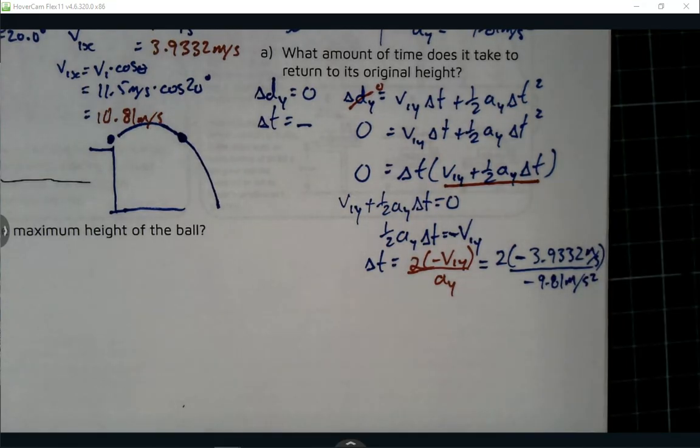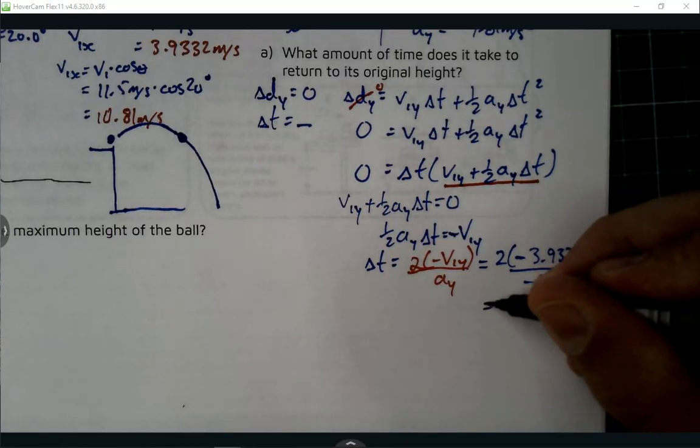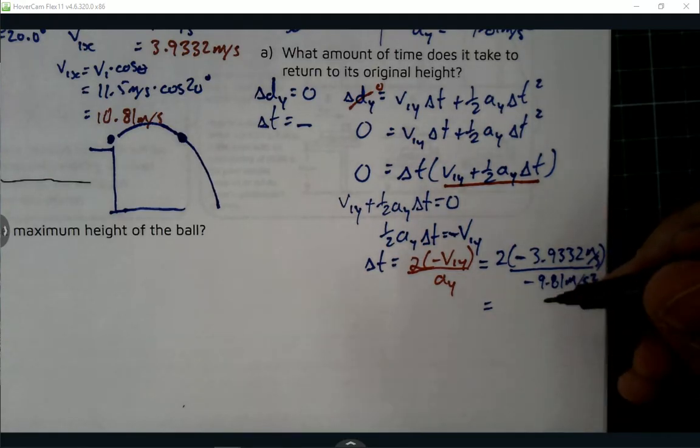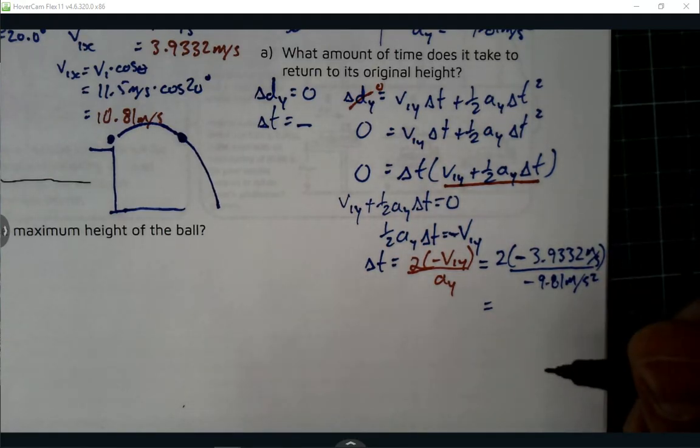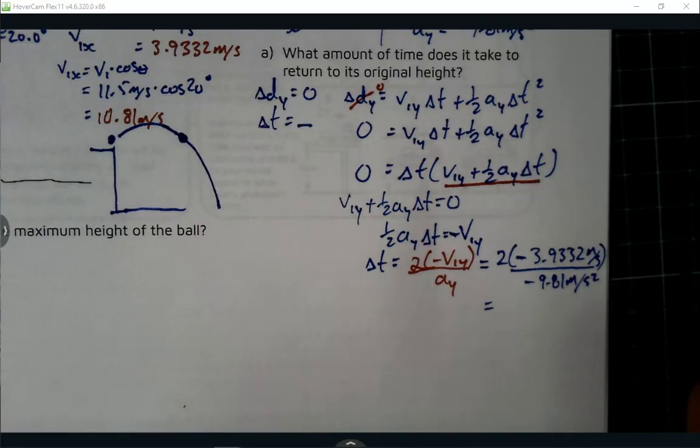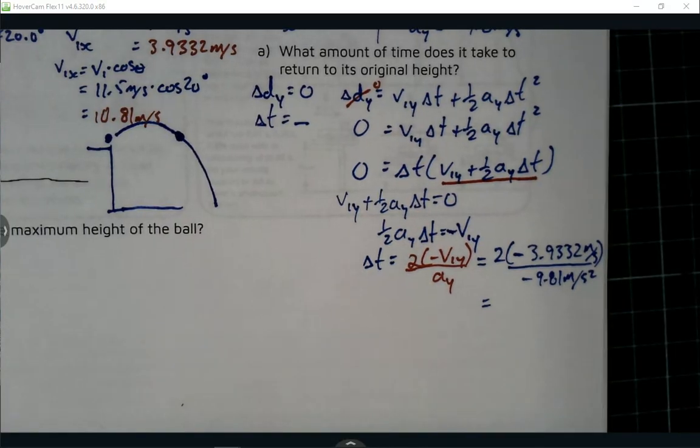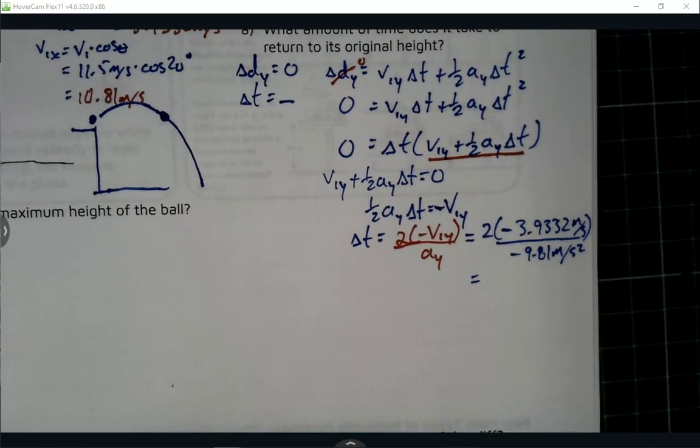And always in that, that's one of those situations. See how the negatives are going to cancel out? Which is good because time shouldn't be negative, right? We want to have a positive time. And we end up saying, okay, well, can somebody with a calculator help me? How long is this going to be in the air for? Because I don't trust my numbers from last time I jotted this down.